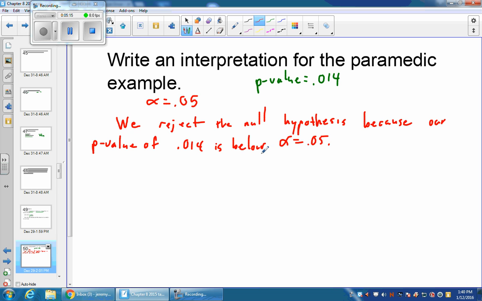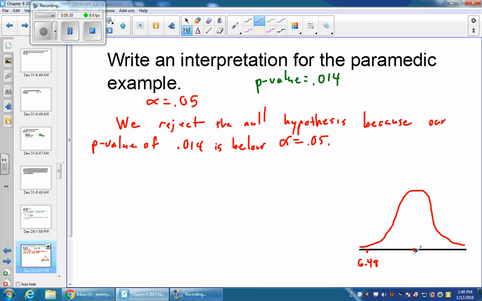Now we have to state what this means to us. So let's think about the problem again. We have our distribution. Our sample was 6.48, and our previous knowledge was 6.7. So we set up this whole model assuming 6.7 is the true mean. But we'll only get a sample like this about 1% of the time if this is the true mean. So since this p-value is low, this is giving us evidence that we've actually reduced the mean response time.